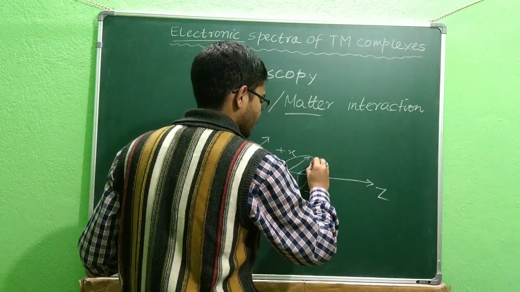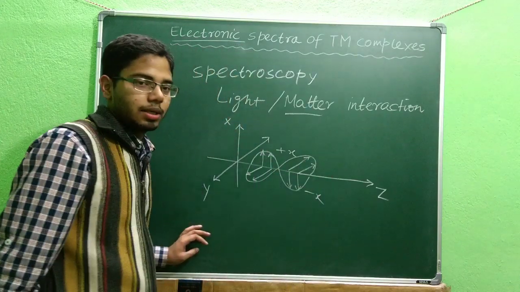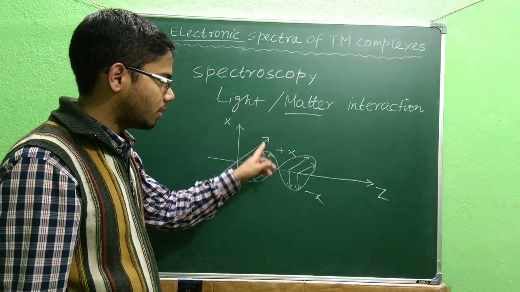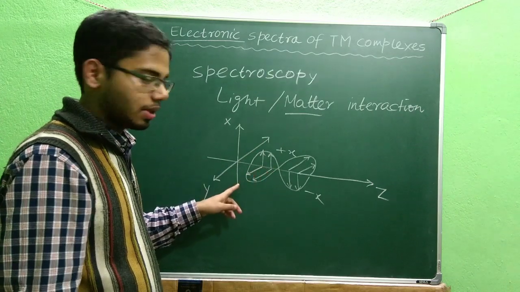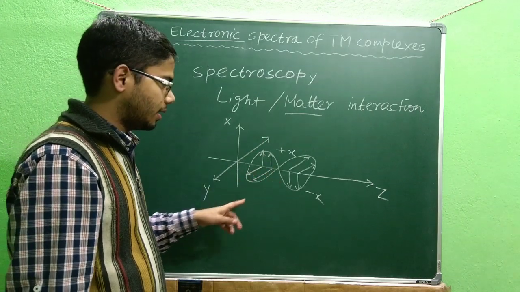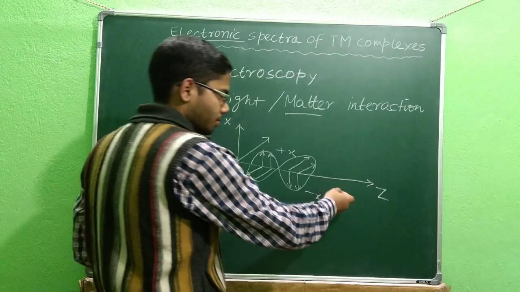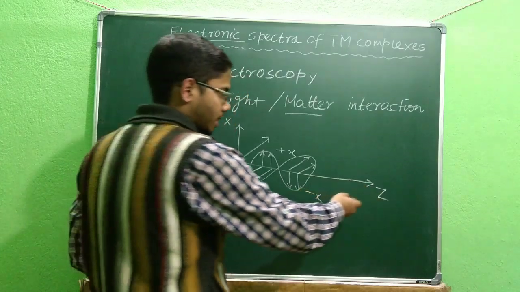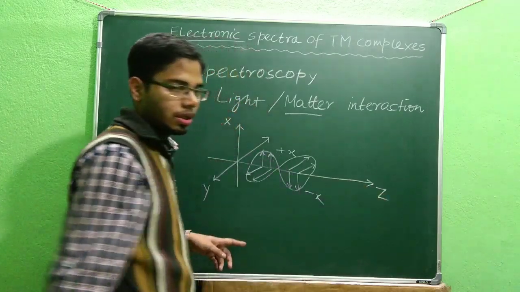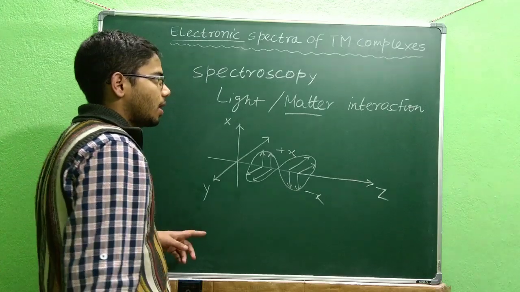That is your magnetic field. Your electric field vector and magnetic field vector propagate like this, and you get the vector sum, which is your electromagnetic radiation.